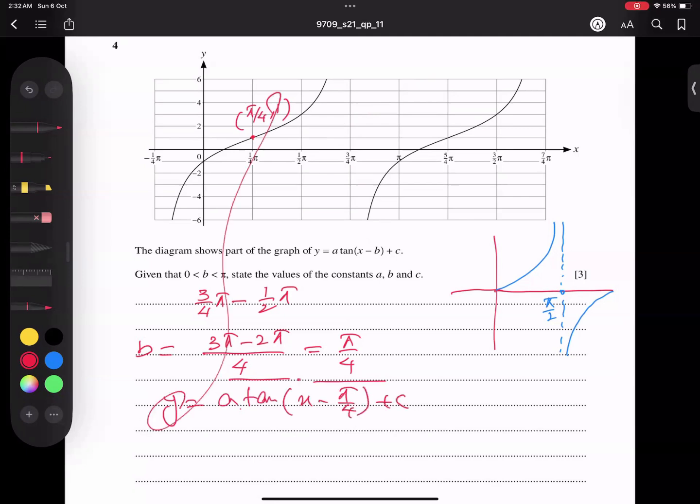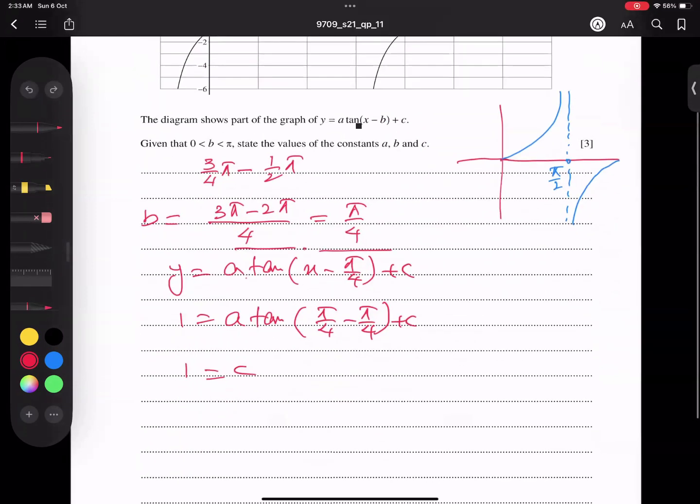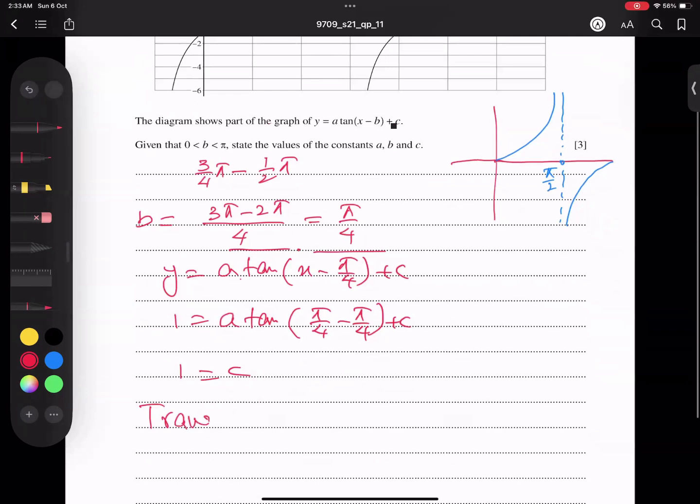So y becomes 1, and pi by 4, a as it is, and pi by 4 minus pi by 4 gives 0, and a tan 0 is 0. So the c value is 1. So c is a translation. So in short, the translation is pi by 4 and 1.